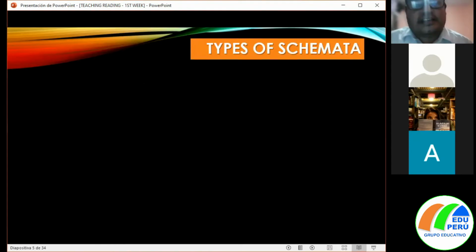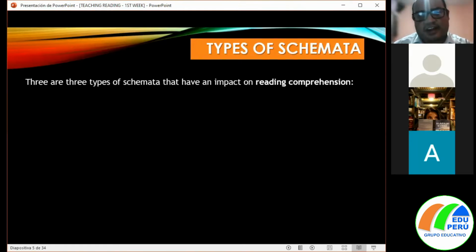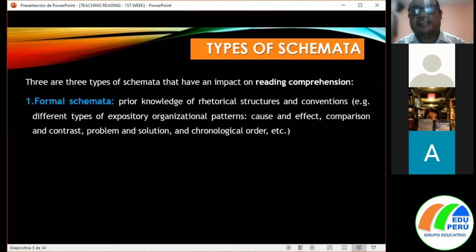Now, let's analyze some types of schemata. There are three types of schemata that have an impact on reading comprehension. Three. The first one is the formal schemata.